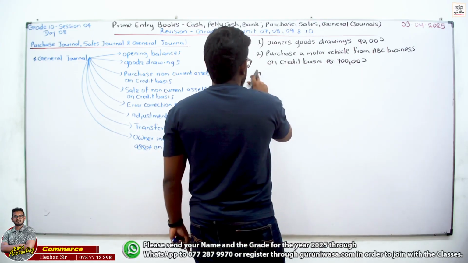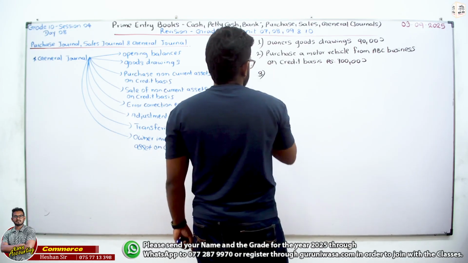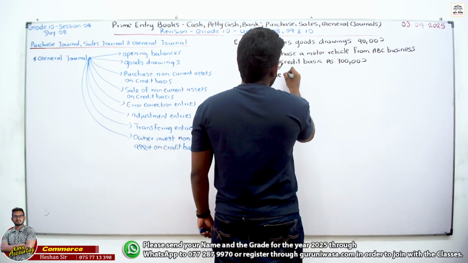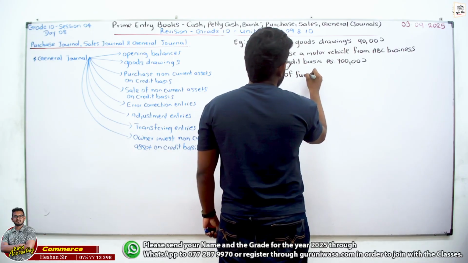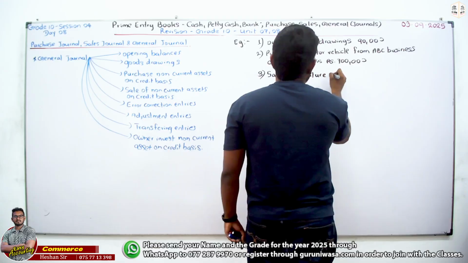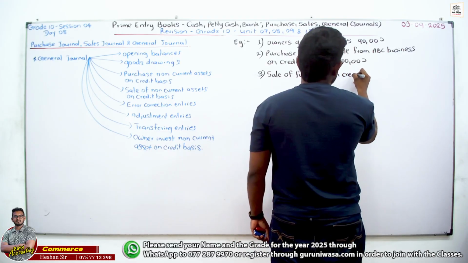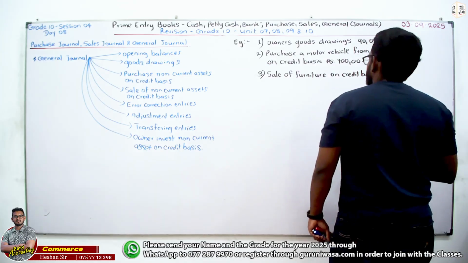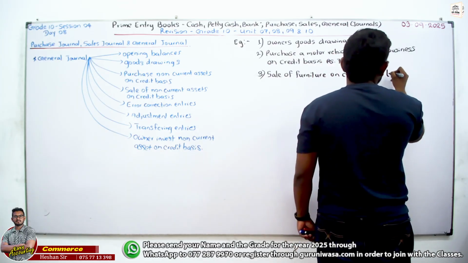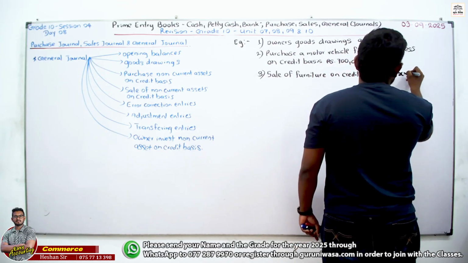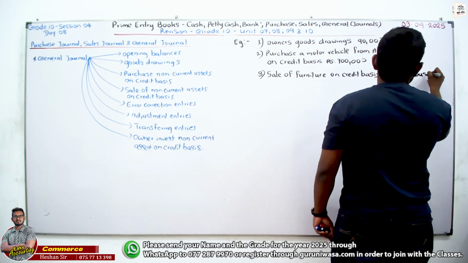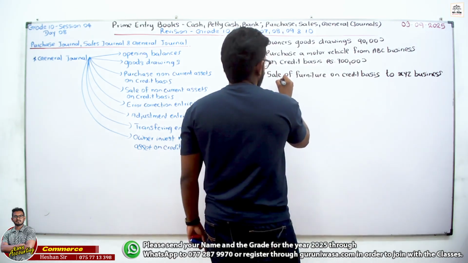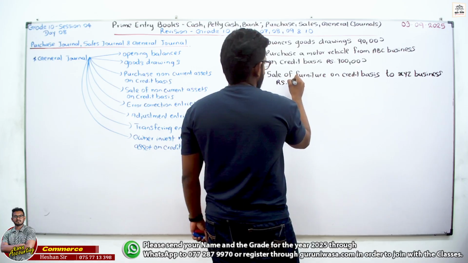Number 3, sale of furniture on credit basis to XYZ business, rupees 300,000.